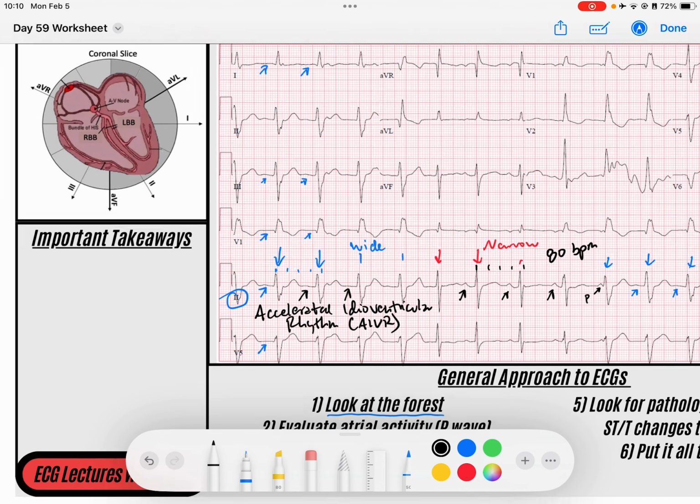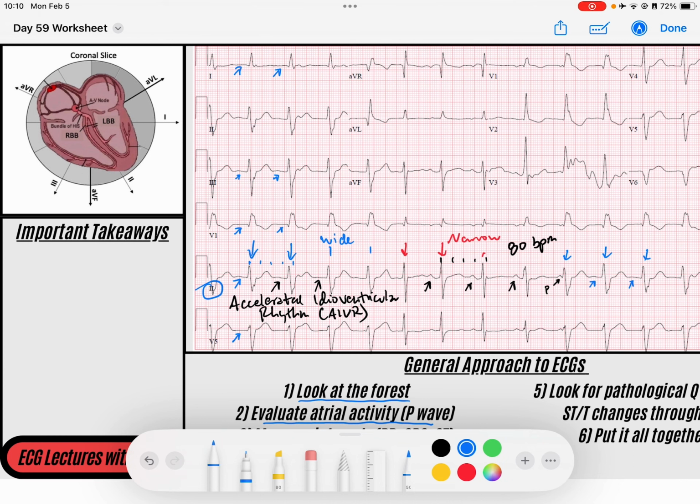And so essentially what that means is that somewhere within the ventricles there is a focus, and it's firing off and it's spreading slowly from cell to cell through gap junctions, not taking the normal His-Purkinje system, and it's firing off at a rate of around 80 beats per minute. And that's our accelerated idioventricular rhythm.